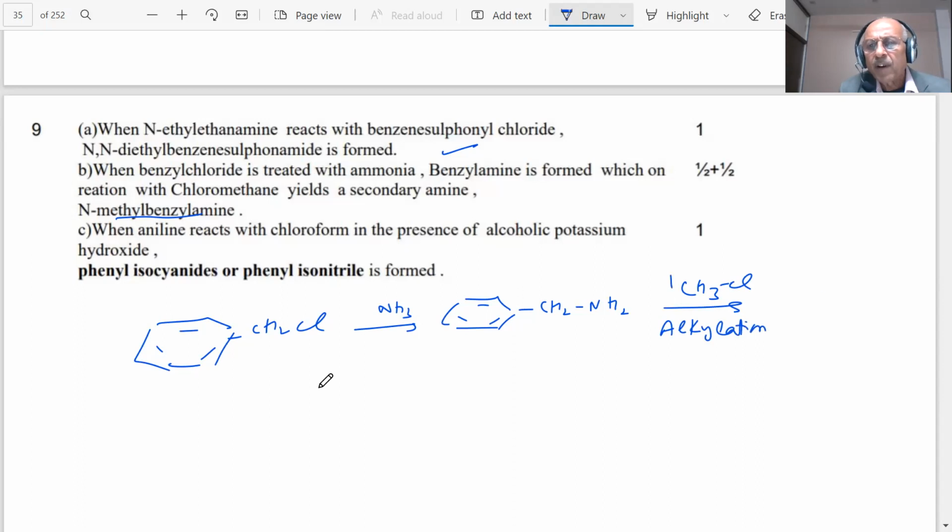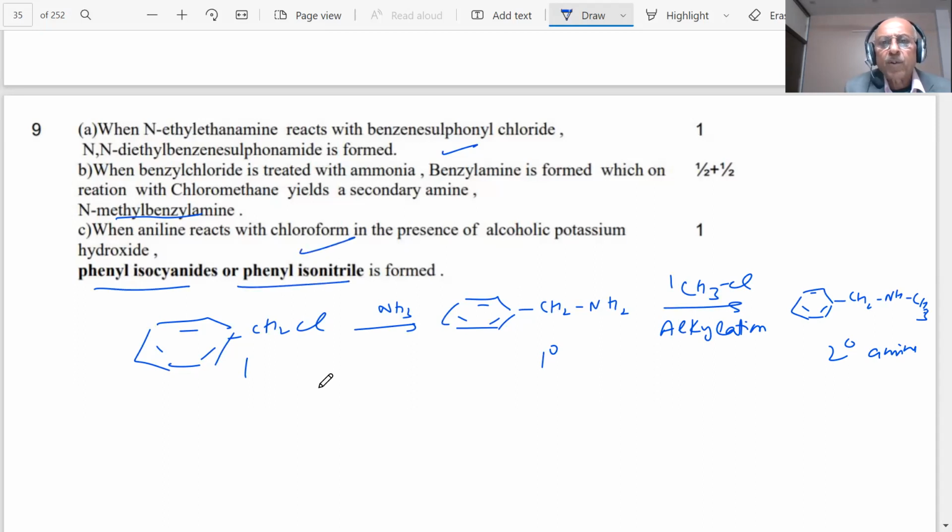If I use only one, then what you get? CH2NH CH3. So this was 1 degree. This is 2 degree. I have shown two that you can stop at this stage, doesn't matter, because only 1 mole is given, then no problem. So this is phenyl isocyanide or phenyl isocyanate test, which we have told you of how smelling.